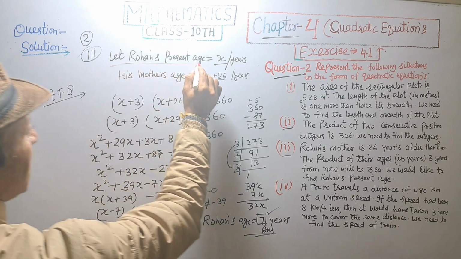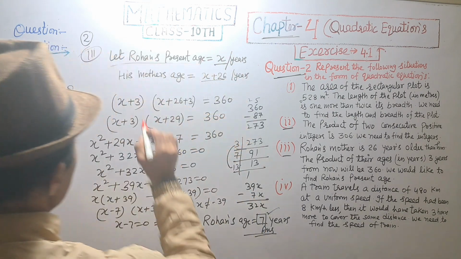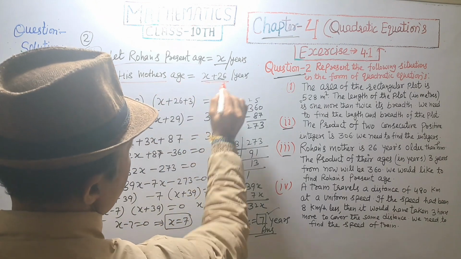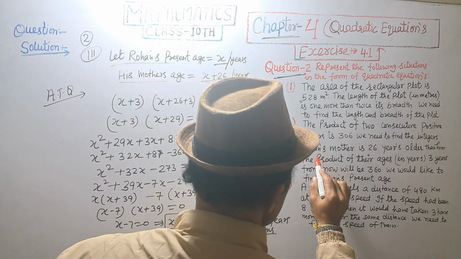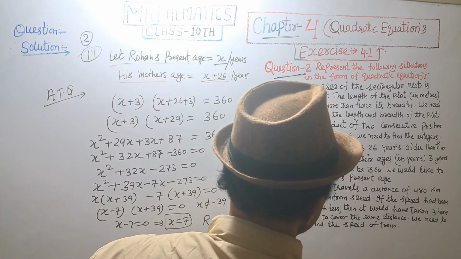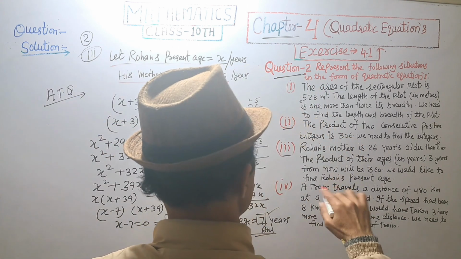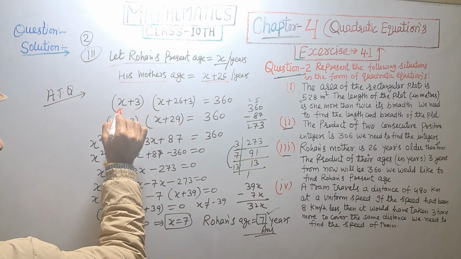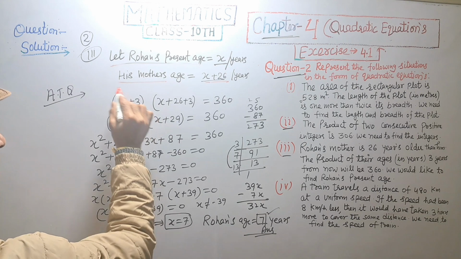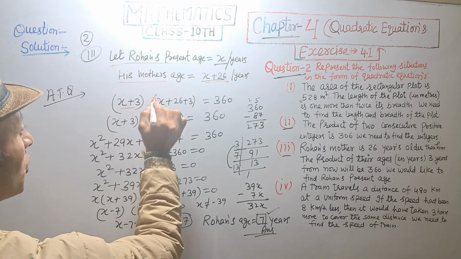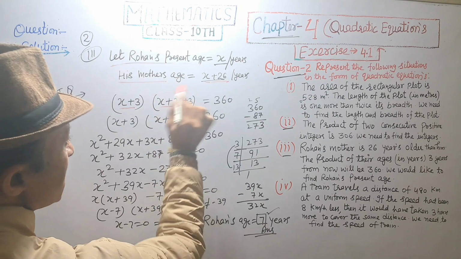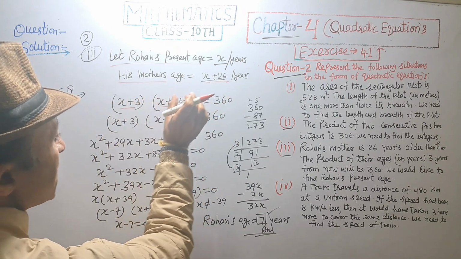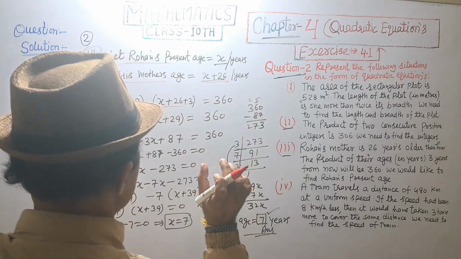Let Rohan's present age be x years and his mother's age equal to x plus 26. Rohan's mother is 26 years older than him. The product of their ages 3 years from now: after 3 years, (x plus 3) into (x plus 26 plus 3). 3 years from now, their product is equal to 360.